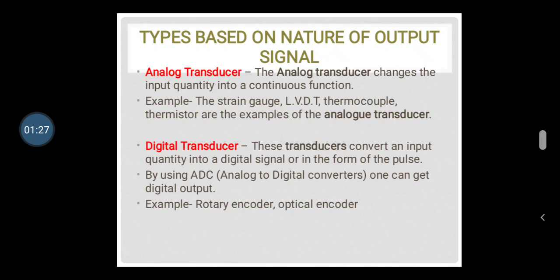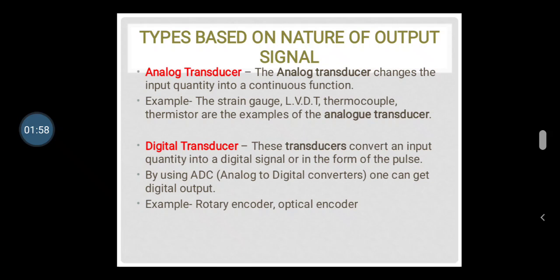These transducers convert an input physical quantity into an analog output, which is a continuous function of time. That means the input is a physical quantity, but the output is analog, which is a continuous function of time. This is called an analog transducer. For example, the strain gauge, LVDT, thermocouple, and thermistor are examples of the analog transducer.